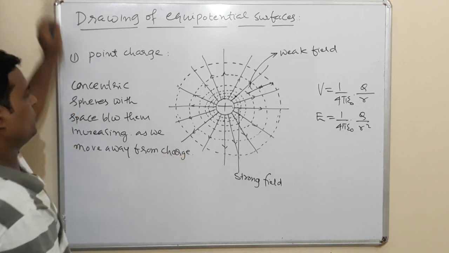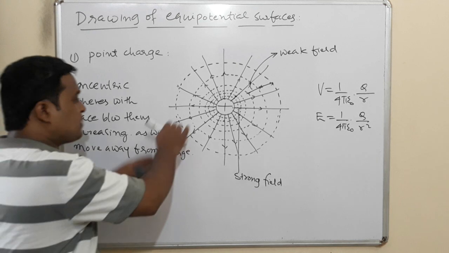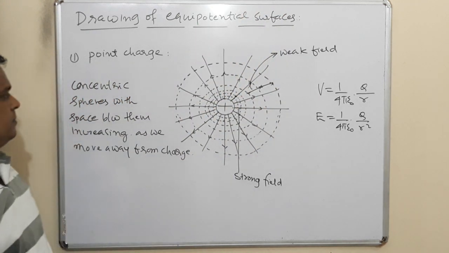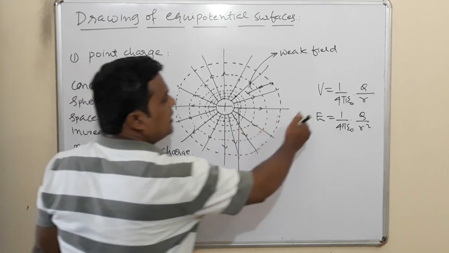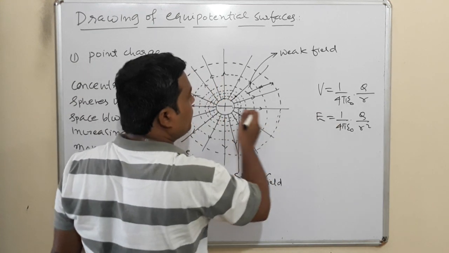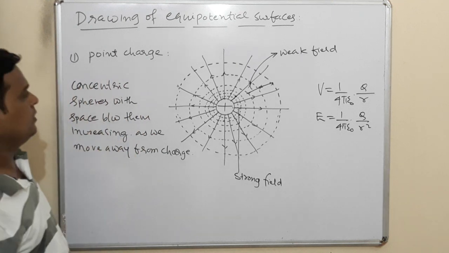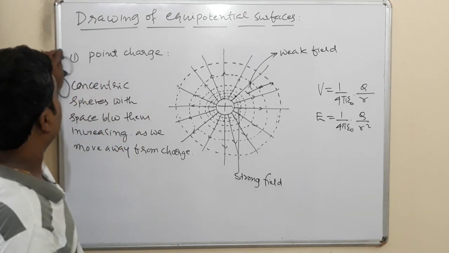That means as we move away from the charge, the space between the equipotential surfaces is continuously increasing, which shows that the field is becoming weaker and weaker as we go away from the charge. Okay, this is about a point charge.